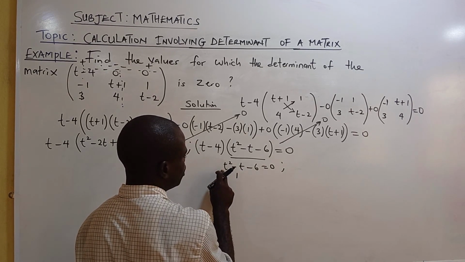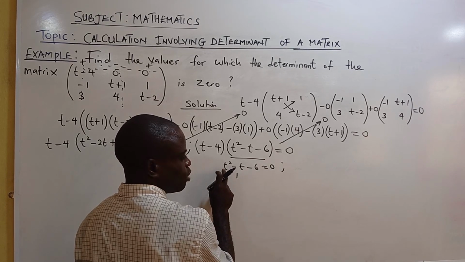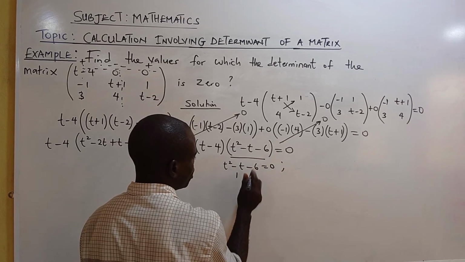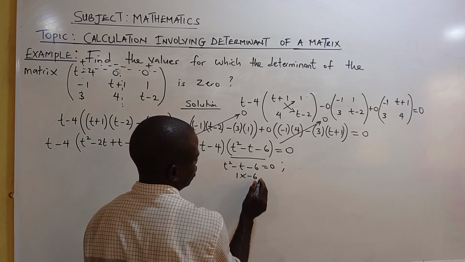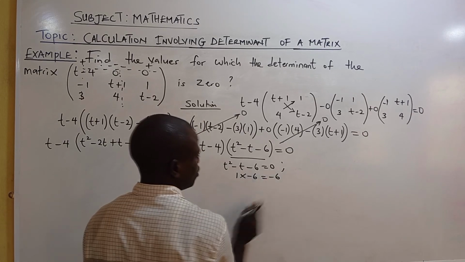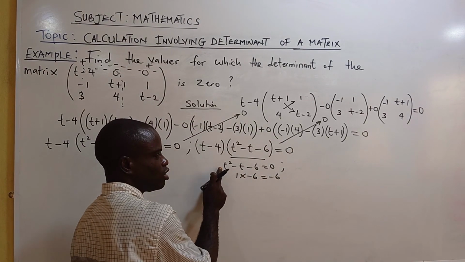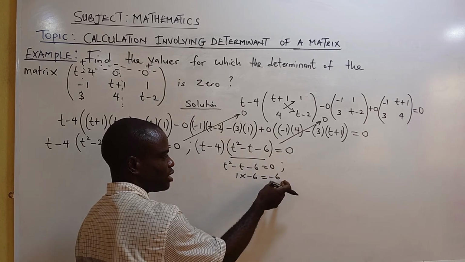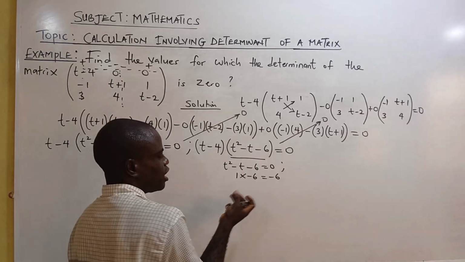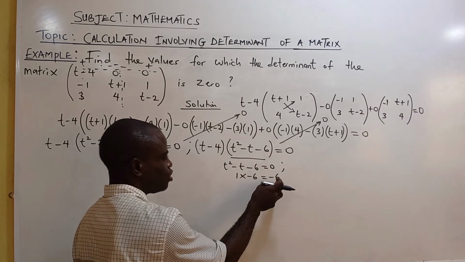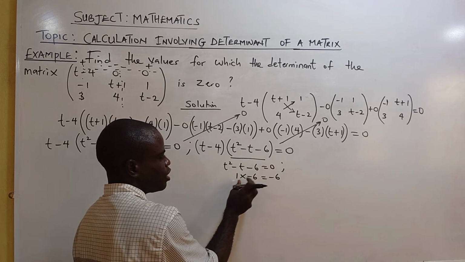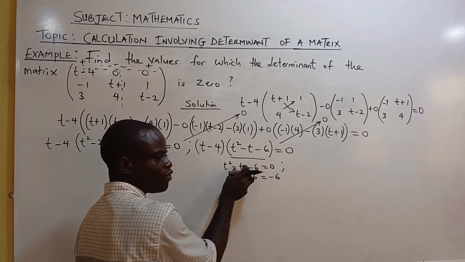You are multiplying the coefficient of the t squared with the constant minus 6, which is minus 6. If you have 2 here, you multiply it with the minus 6 and write it down. You now look for the values that multiply together to give you that value, and when added together give you what you have in the middle.